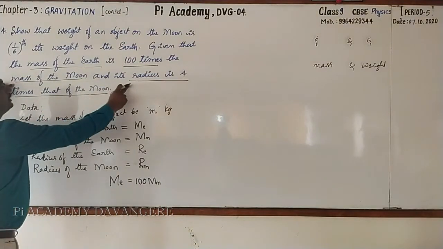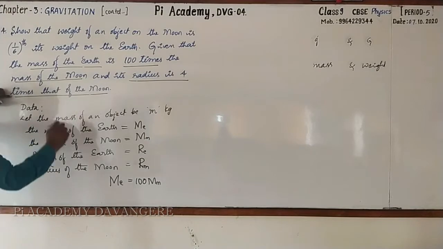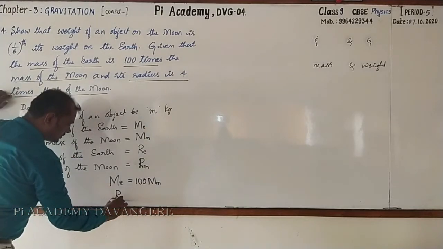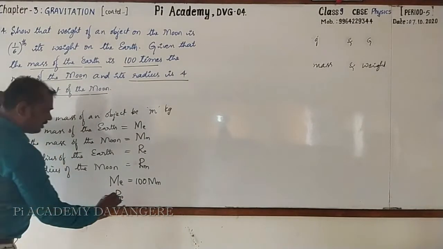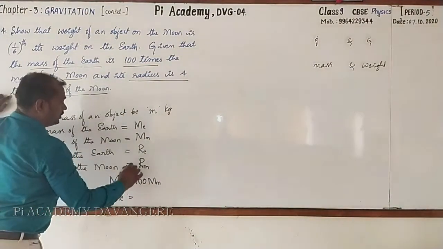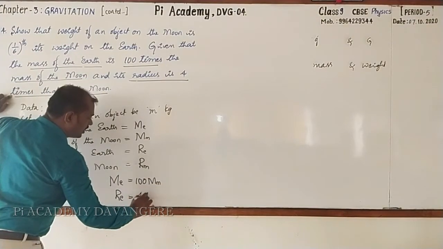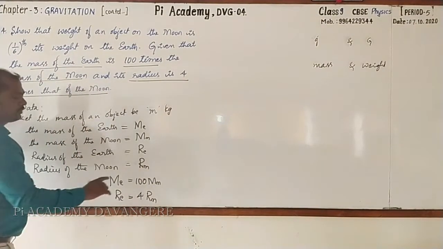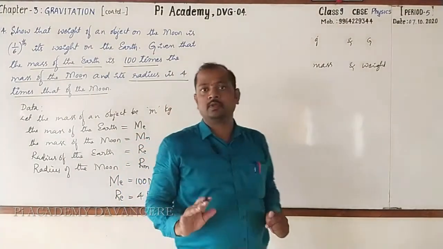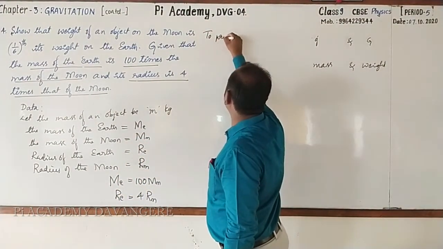And the radius of the earth is 4 times that of the moon. The radius of the earth is RE, and the radius of the moon can be written as RM. RE equal to 4 times RM.